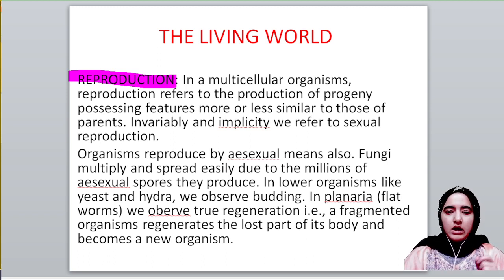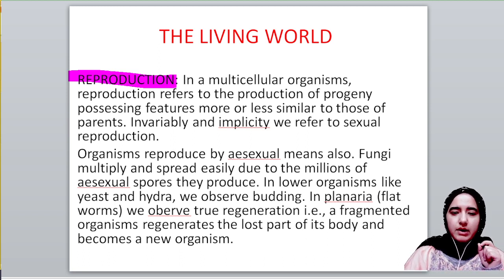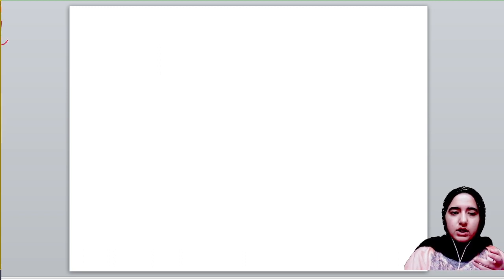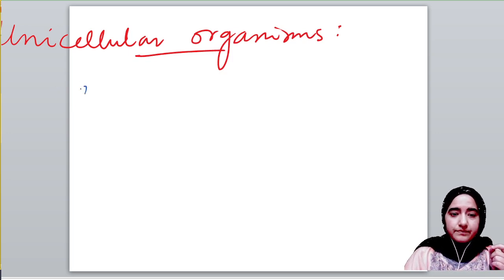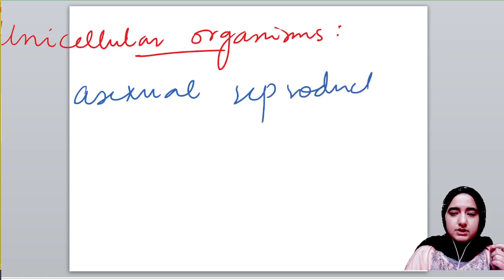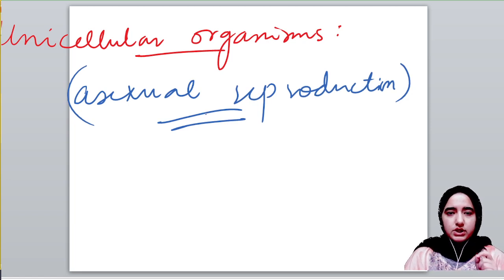Now if we talk about reproduction, multicellular organisms reproduce through sexual reproduction. How do unicellular organisms reproduce? They reproduce through asexual reproduction. I have already mentioned what asexual and sexual reproduction are.